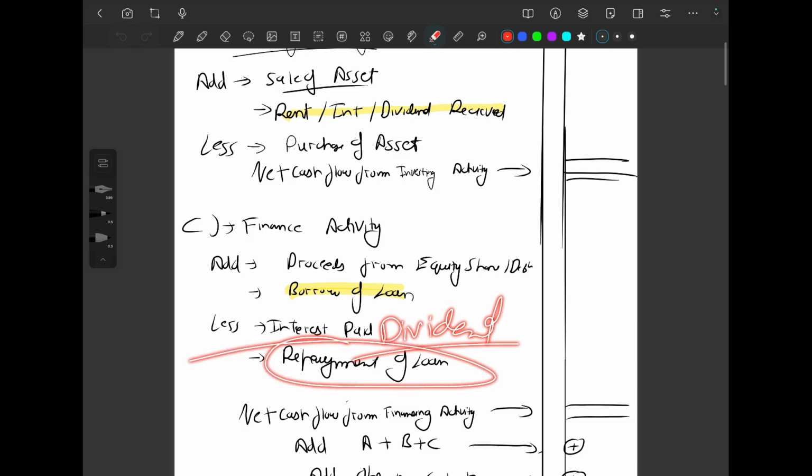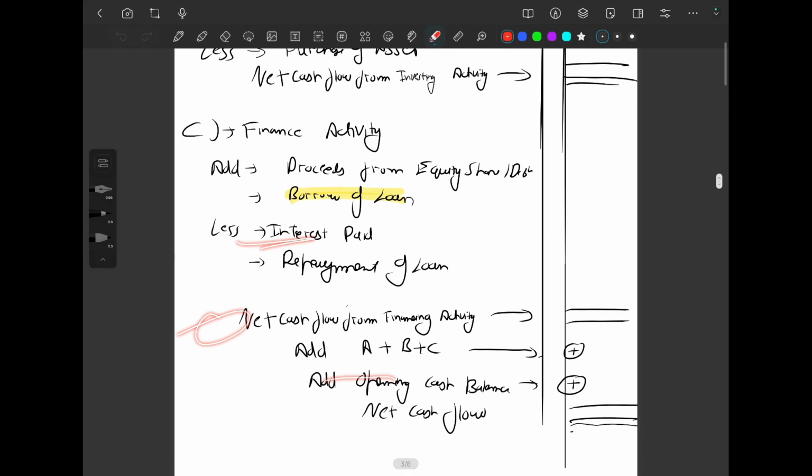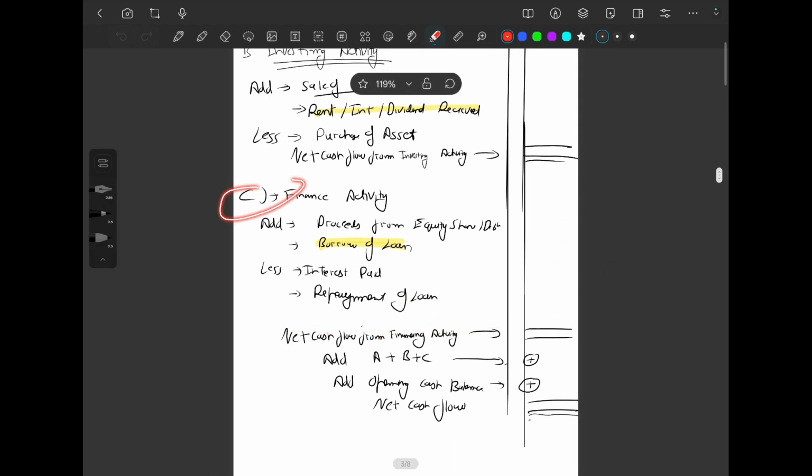And any repayment of the loan during the current year will be less from the financing activity. After this calculation, we get our net cash flow from financing activity here, and this is the item number C.